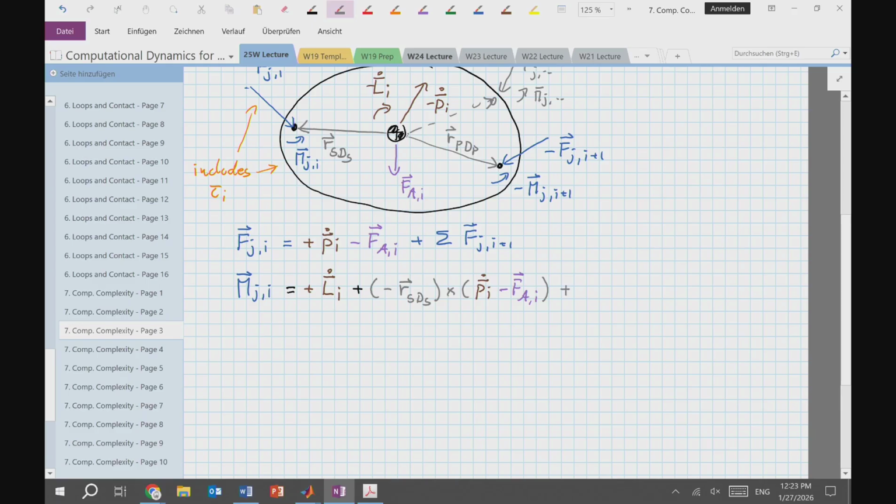Then we have the sum of all free moments at our child joints. So they don't need any lever arm. And then we have to add another torque coming from the joint forces. So now the total vector would be rpdp minus rsds as the lever arm of these forces.